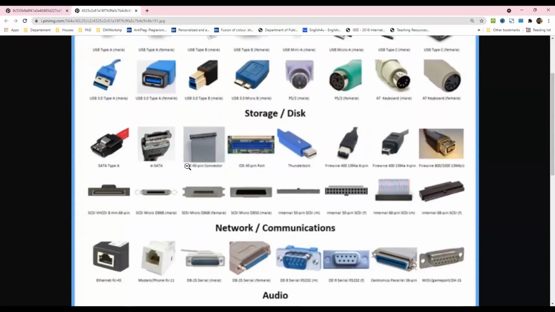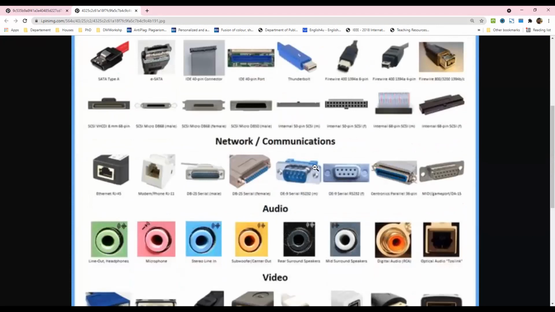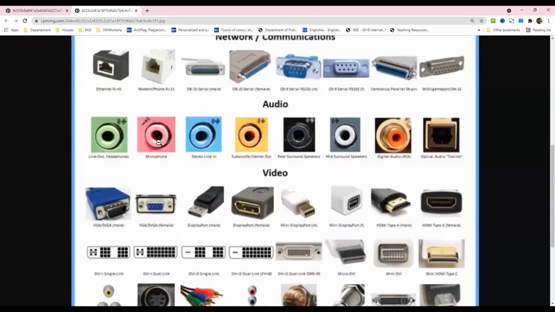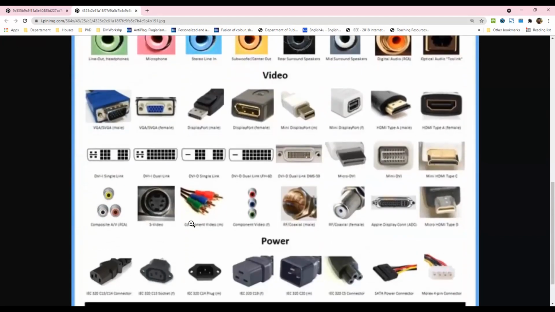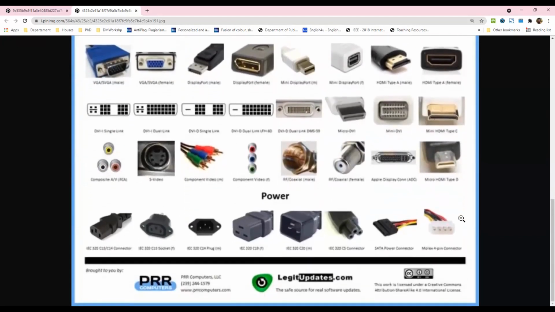Then when it comes to storage devices, here are the different ports you are getting. Network, printer, so these are the ports. Many ports are there. Audio ports, video ports, there are many, and power. So you see that there are many ports in the computer.